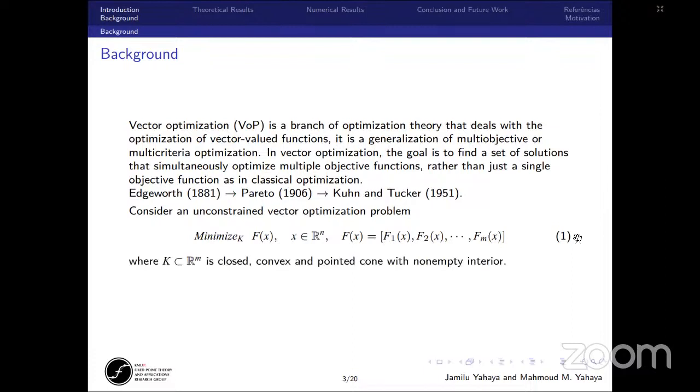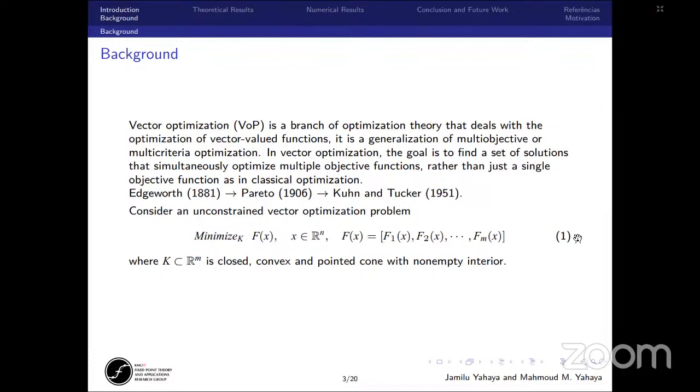One difficulty with this kind of problem is that F1, F2, up to Fm all have conflicting patterns. This means we are dealing with different objective functions, each with a different goal to achieve. So this is a very difficult problem to solve.